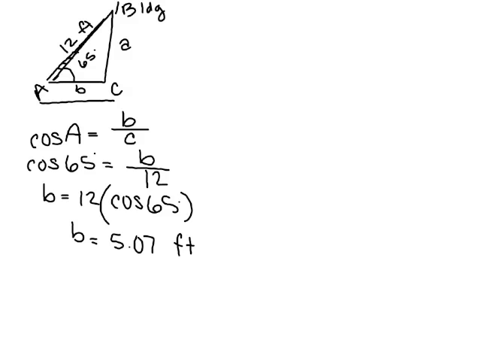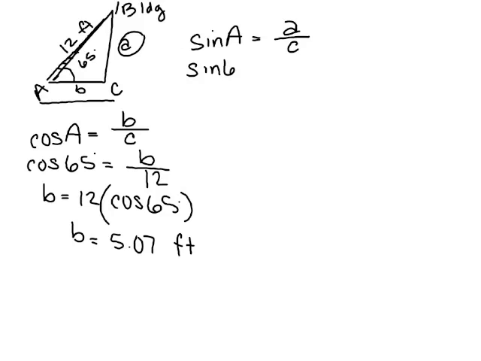How high up on the building is he going to come if he puts this ladder at a 65-degree angle? So then that's this little side A, right? That's the height up the building. So using angle A, that's the angle they gave me, in my 12-foot ladder, which formula should I use? So opposite of angle A, very good. So the sine for angle A equals the opposite side over the hypotenuse.